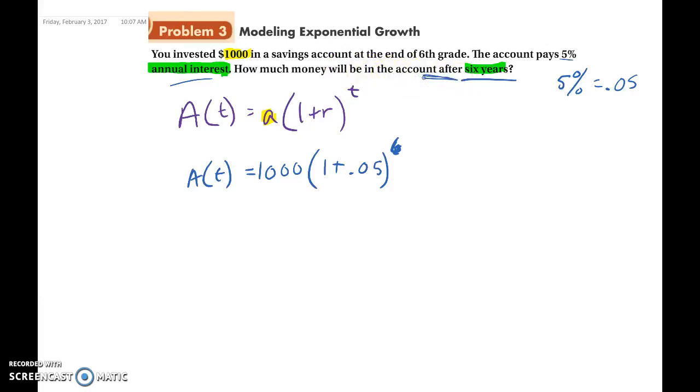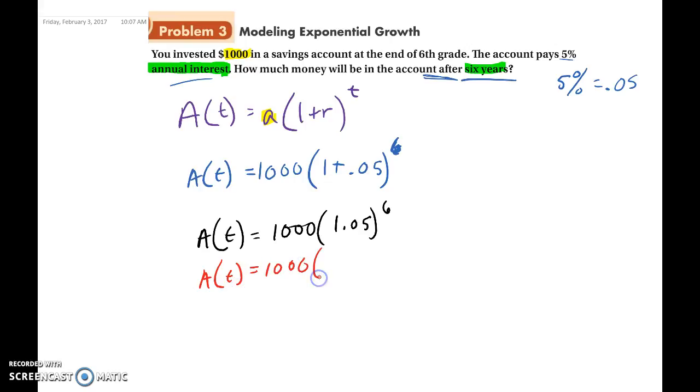And then we would just go ahead and plug this into a calculator. So then our a sub t is equal to 1,000 times 1.05 raised to the 6th power. So then we have a sub t is equal to 1,000 times approximately 1.34, and we times that by 1,000.